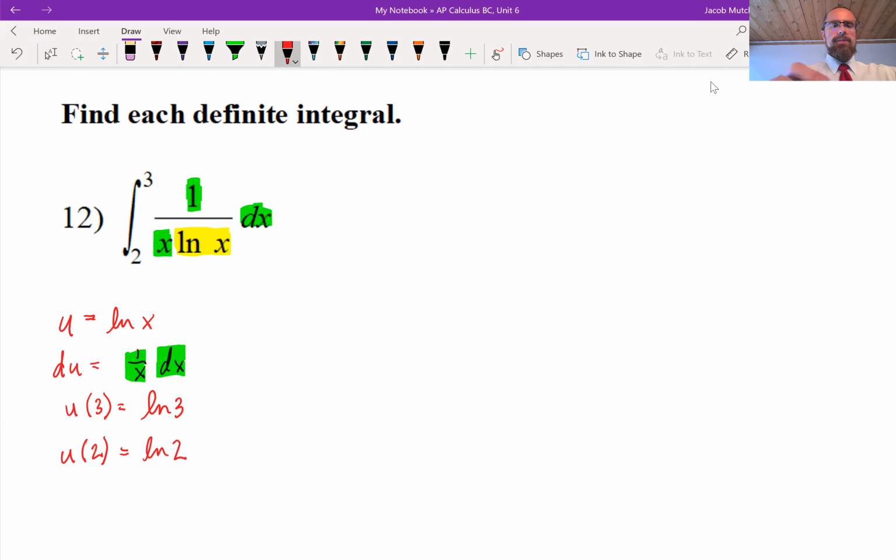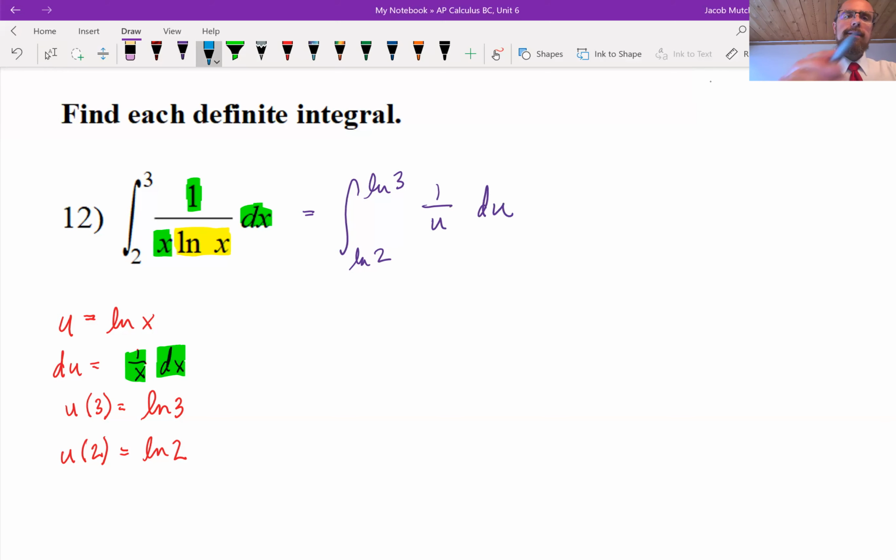So we can set this up now according to our substitutions. This is going to be equivalent to the integration from natural log of 2 to the natural log of 3 of, in fact, 1/u, since my u here is in the denominator, du.